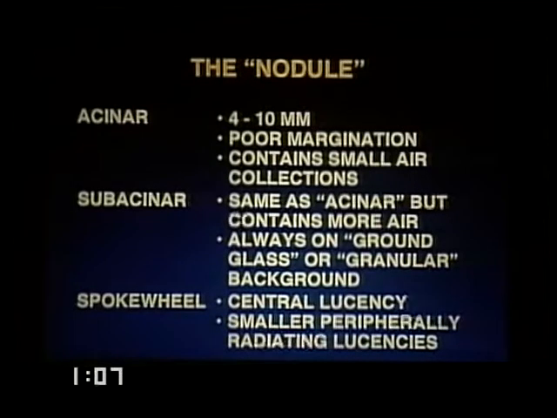This particular individual aspirated barium, and one can see a distinct acinar opacity where the acinus is almost entirely filled with the barium, and lesser degrees of filling, that is the subacinar and spoke wheel distributions, are present elsewhere.